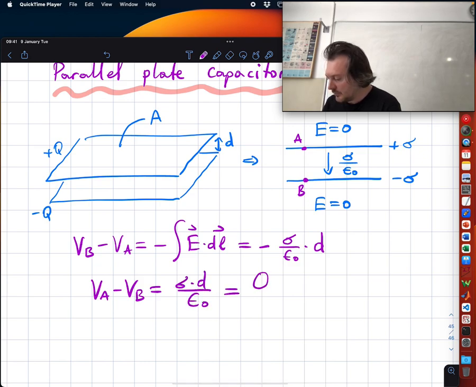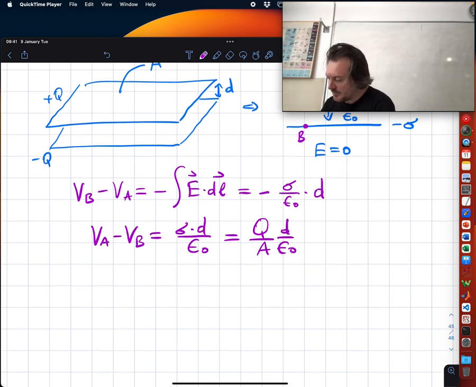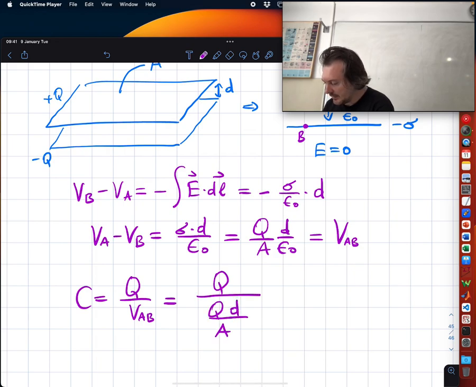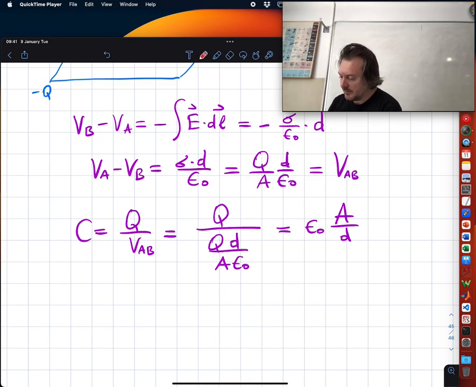And sigma is Q over A, and epsilon 0 is here, and d is here. So the potential difference, VAB, is this. And the capacitance is defined as Q over VAB. So what is Q over VAB? Q over Qd over A epsilon 0, which is epsilon 0 A over d. So let me write it down in full glory. Capacitance for parallel plate is epsilon 0 A over d.